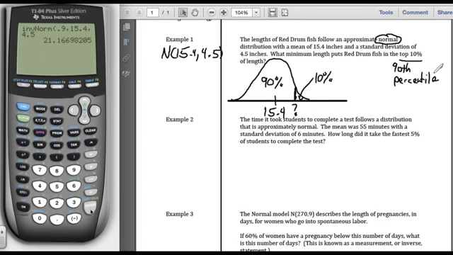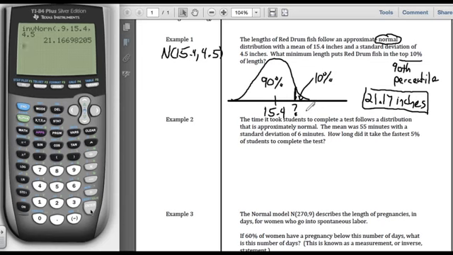Hit enter, and that tells me this marker must be 21.17 inches. If a red drumfish reaches 21.17 inches or more, it's in the top 10% of these fish in their length. It's in the 90th percentile.